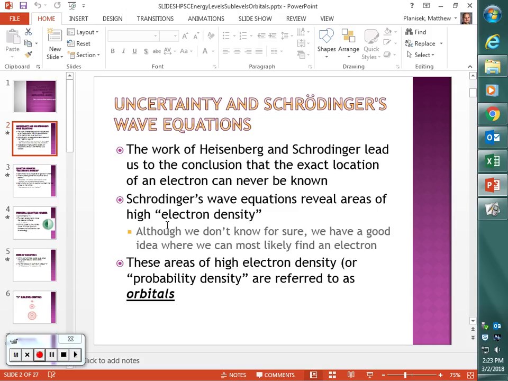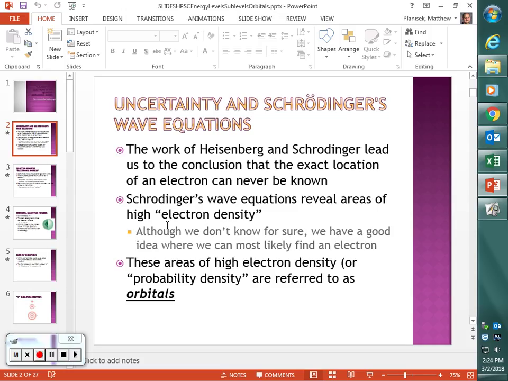But Schrodinger looks at, like we said, old data, right? Data that represents where electrons were in the past and comes up with these areas of high electron density. There are certain places around the nucleus where electrons have been more often in the past. And if they've been there more often in the past, what can we do?